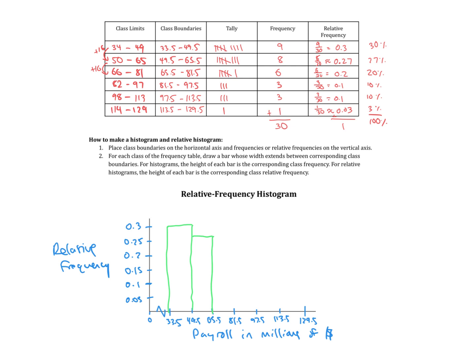And then 0.2. And then 0.1, another 0.1 and 0.03. And there's my relative frequency histogram. Again, my bars are touching, there's no space between them.